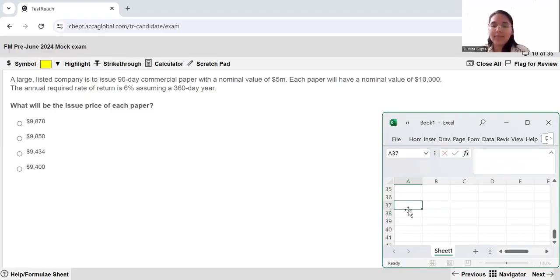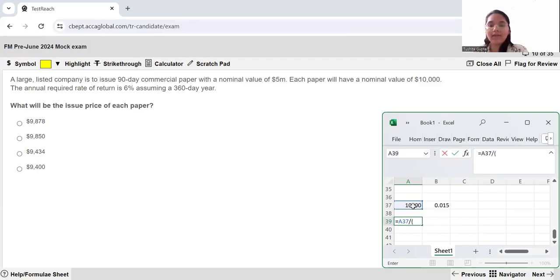Let us work out separate calculations. 10,000 is what the nominal value looks like. Then if you adjust for your interest, it is 6% multiplied by 90 divided by 360. So this gives you 0.015 as your cost of capital basically.